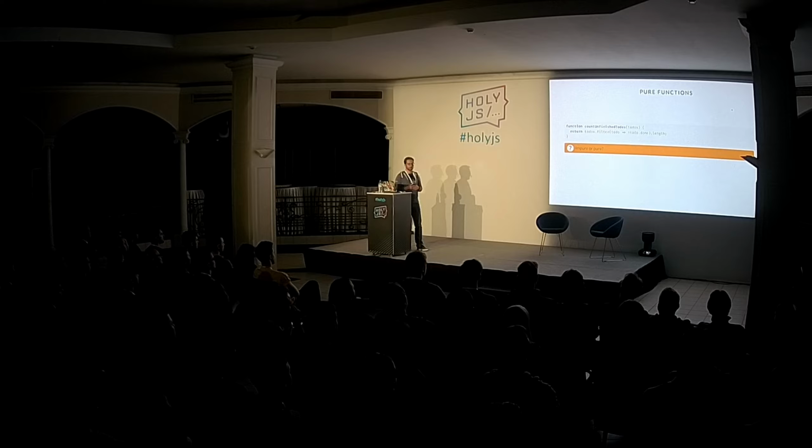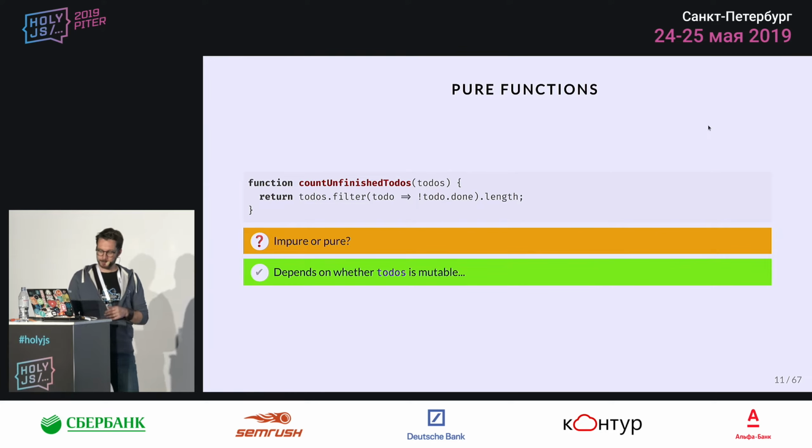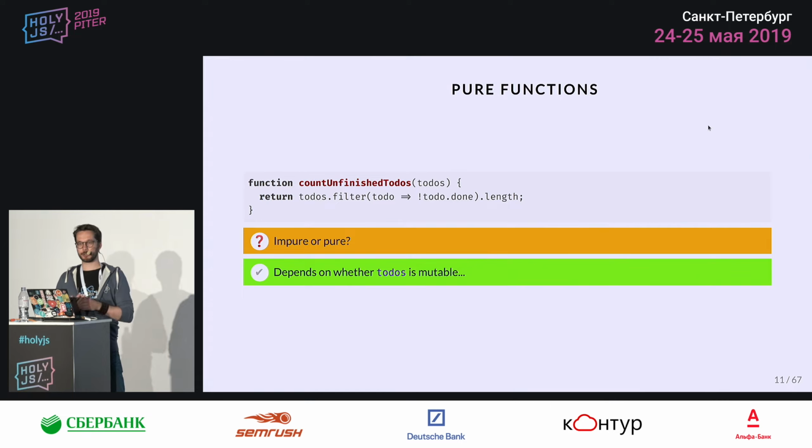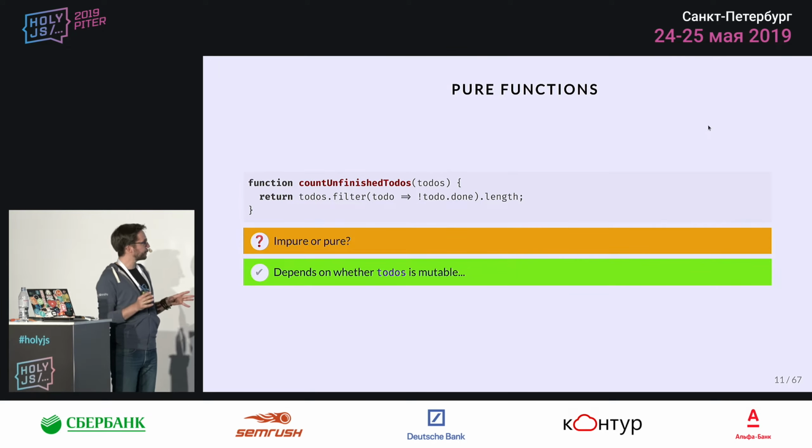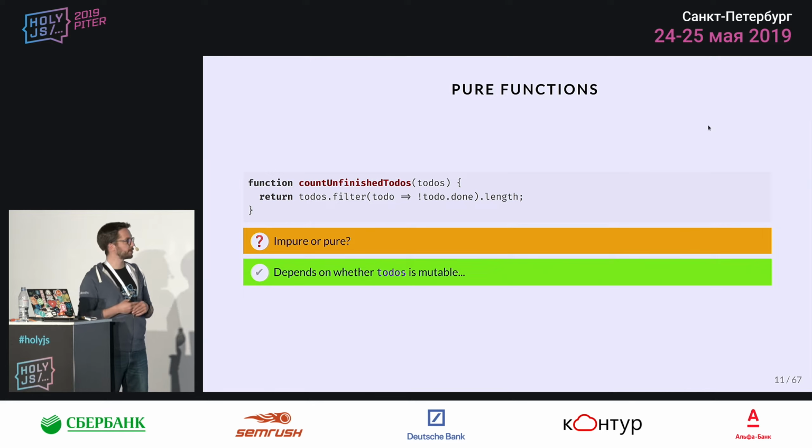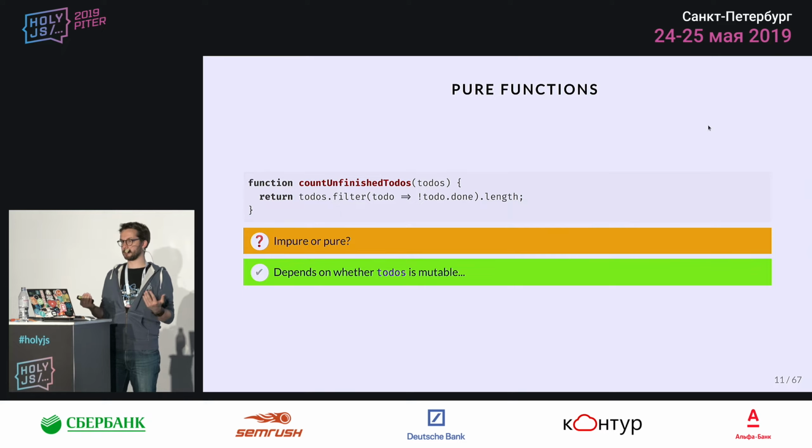I basically would say you can't tell, because it depends on whether that collection of to-do items is immutable or not. If it is immutable, any next invocation could immediately be substituted by its result, which is great. If it's mutable, you can't do that. Then any next invocation would depend on the internal state of the to-dos object.